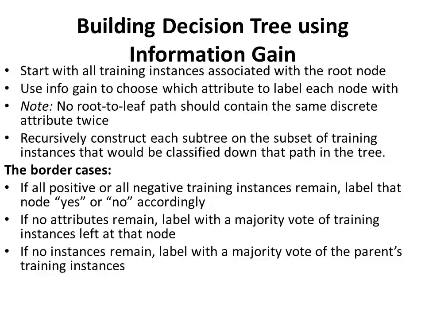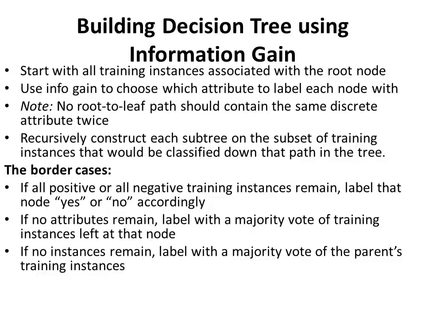Note, no root to leaf path should contain the same discrete attribute twice. And recursively construct each subtree on the subset of training instances that would be classified down that path in the tree.